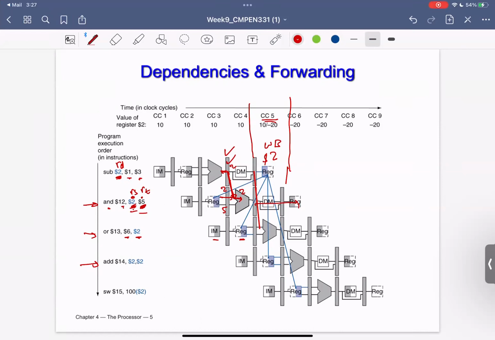And as I have shown here, we need to forward from the output of the ALU to the input of the ALU. So I am checking whatever I have here as RS and RT against whatever I have here as RD, and if they are equal, then I can forward from the output of the ALU to the input of the ALU. But there is an important thing that I have to highlight.